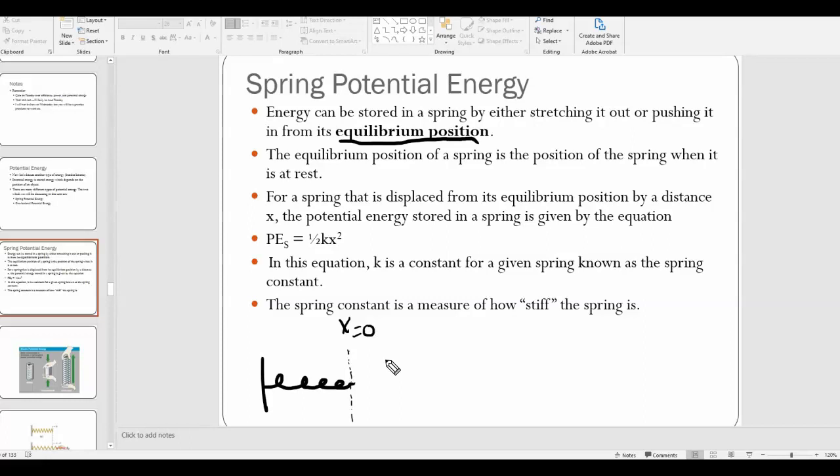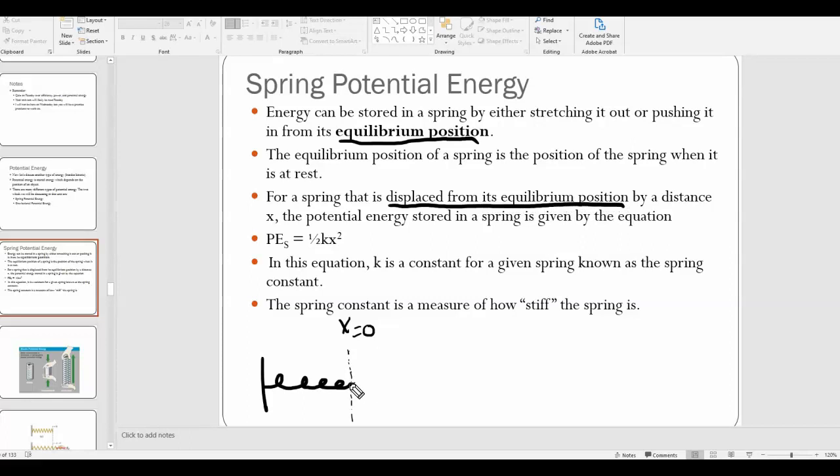Now, I can take the spring and either stretch it out or push it in. Either way is going to store spring potential energy inside the spring. But the natural resting position of the spring is what's called the equilibrium position. In order to store potential energy, I need to displace the spring from its equilibrium position.